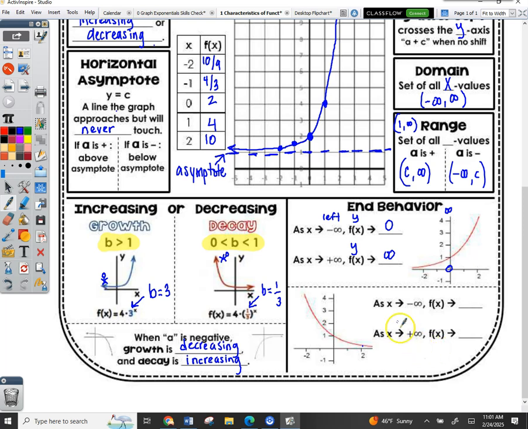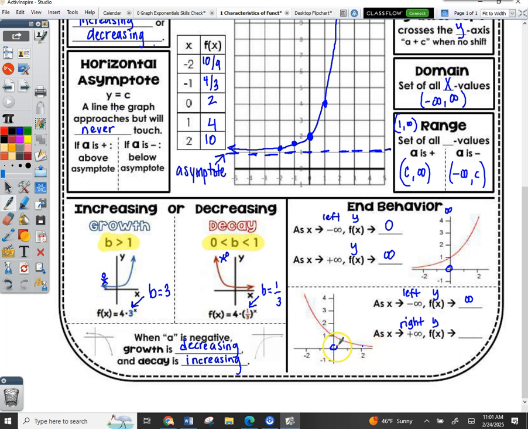Now let's switch it over here. As I read the graph to the left, what's the y value approaching? Well, it's shooting up to the ceiling, so that's infinity. But as I read the graph to the right, the y value is approaching, now don't focus on the x, come back over here.